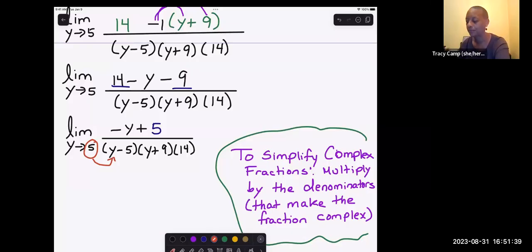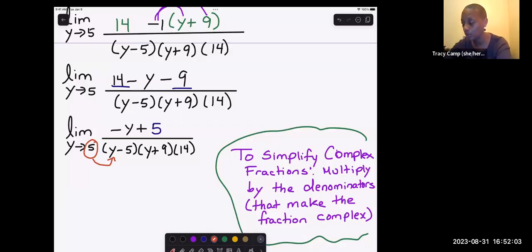In my numerator, I have a minus y plus 5, versus in the denominator, what was giving me the 0 is a y minus 5. So the numerator is just the opposite of the denominator. They're opposites of each other, and I want them to be exactly the same.